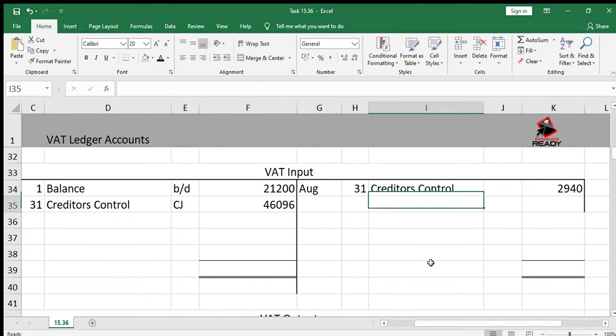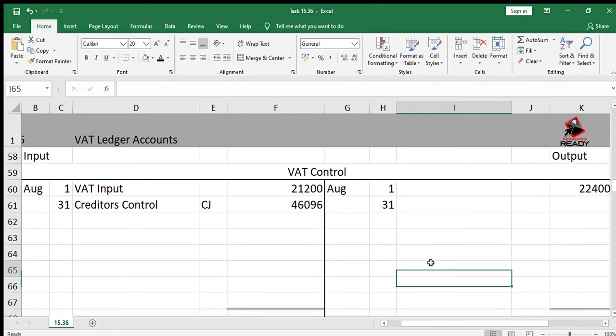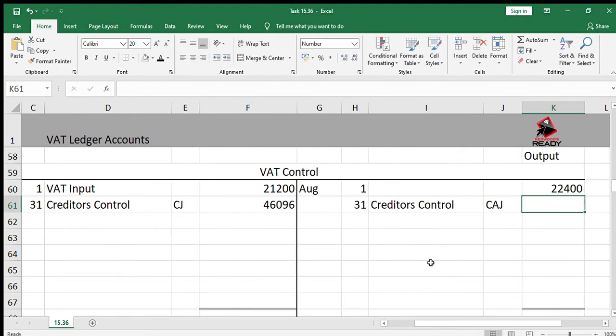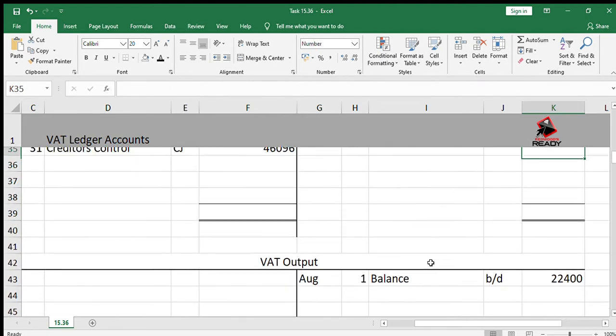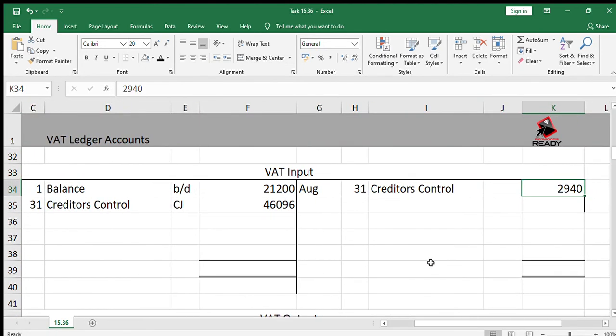Okay, now if you are doing only the VAT control account, it would go to the debit side here. The details will be creditors control. Okay, this is from the CAJ, and the amount was 2940. So you can see that we're doing the exact same thing, either putting it in the VAT input account or on the same side of the VAT control account.